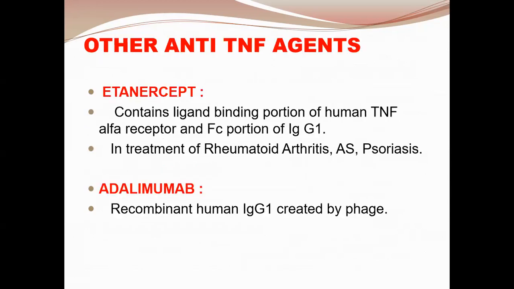The other anti-TNF agents are etanercept. So what is this etanercept? Etanercept contains a ligand binding portion of human TNF alpha receptor and the Fc portion of IgG1.